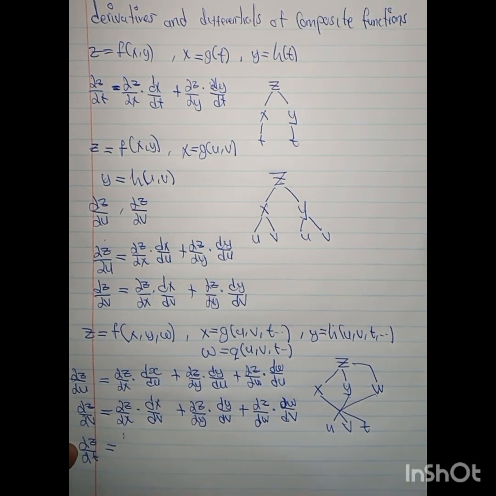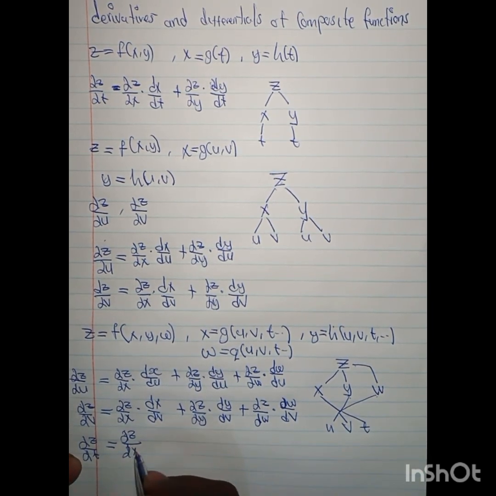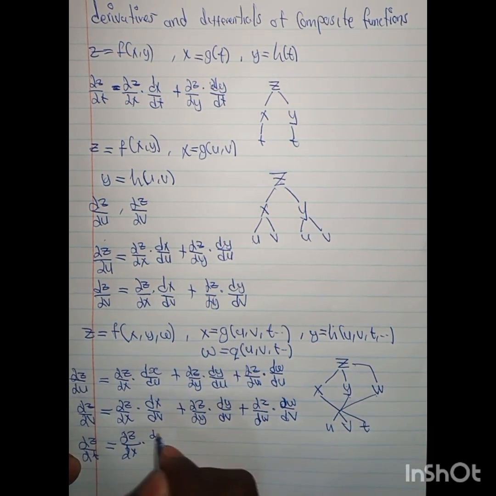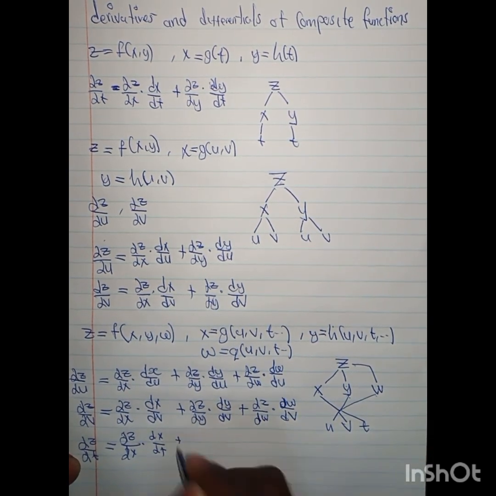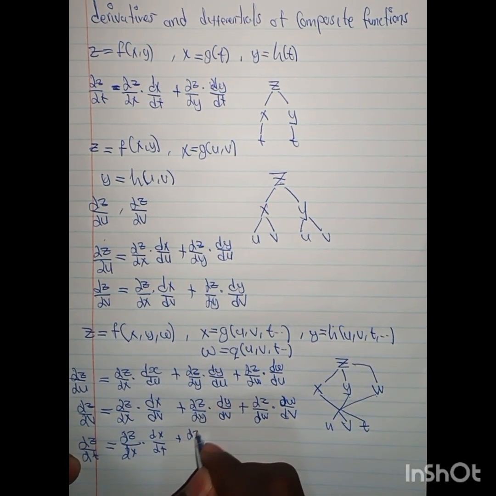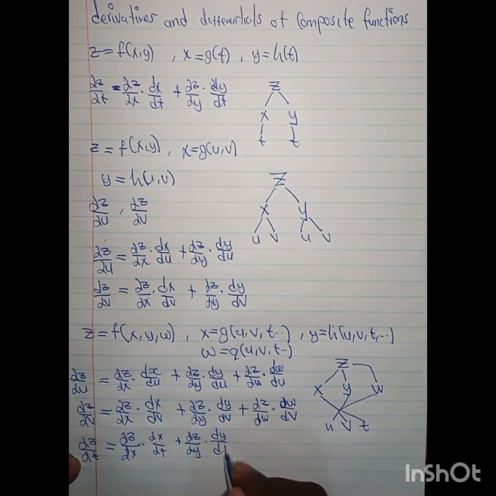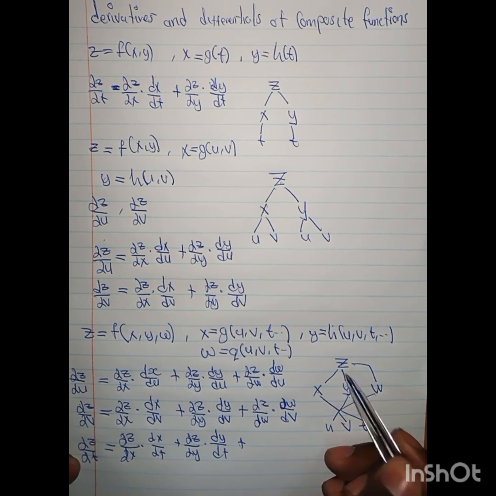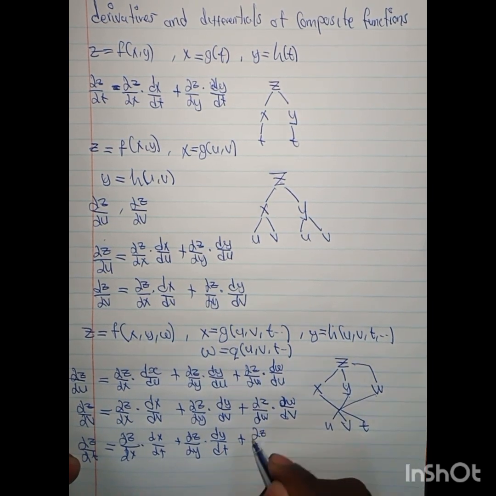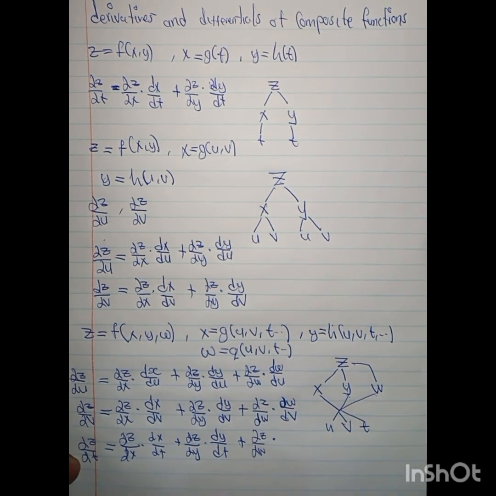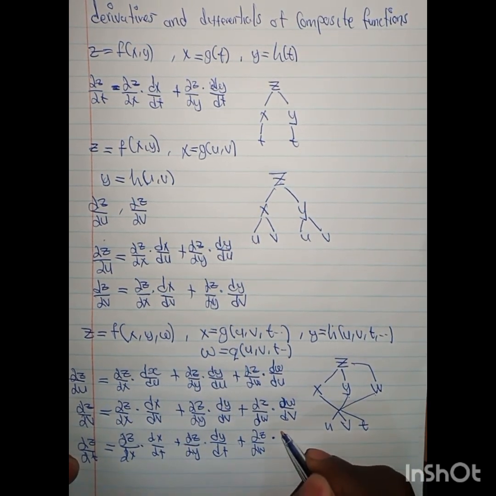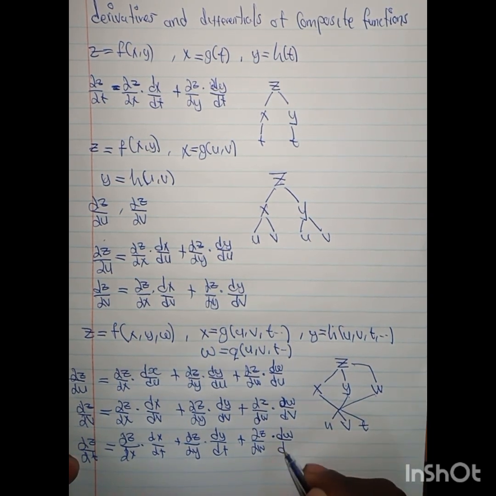And lastly, when you want to find dz/dt, you follow the same procedure. You only consider the stream which contains the variable t. Then we are going to have dz/dx multiplied by dx/dt, plus dz/dy multiplied by dy/dt, and lastly dz/dw multiplied by dw/dt.